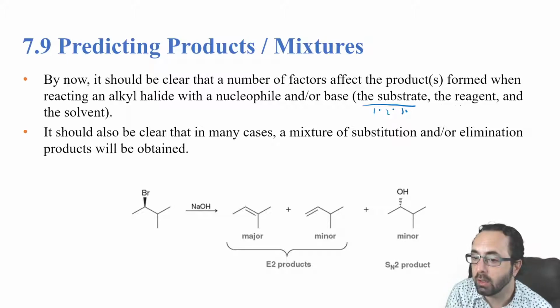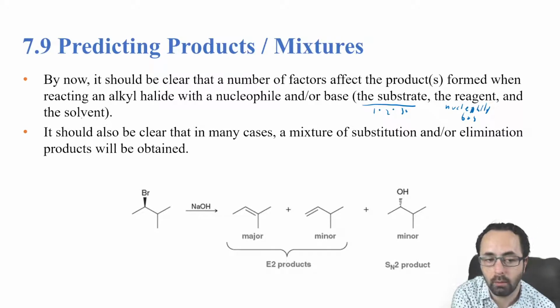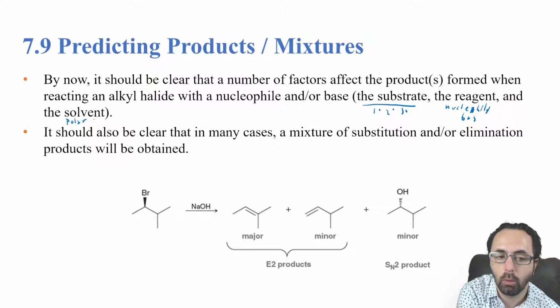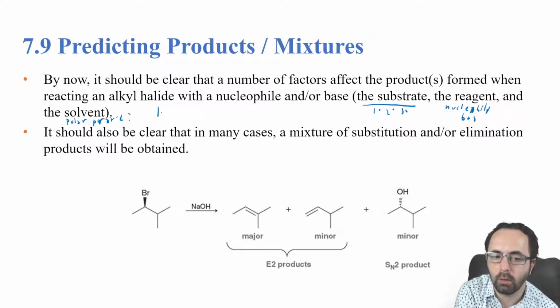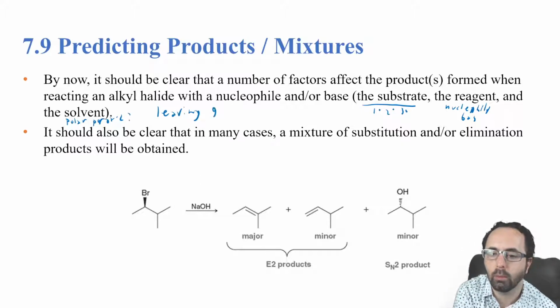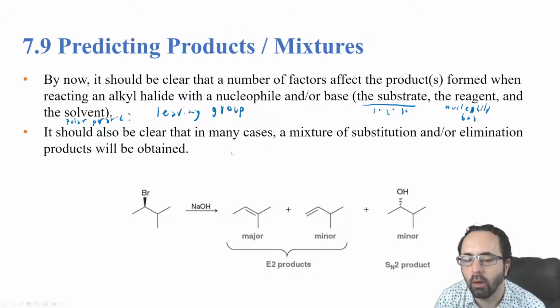The reagent, the nucleophile slash base. The solvent, whether it's polar aprotic or polar protic. And finally, the last one is the quality of the leaving group. This one isn't mentioned directly here, but that's also important. But it seems to be generally equally important for all the reactions.